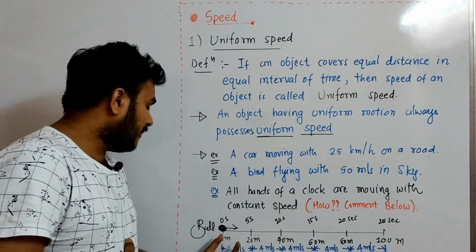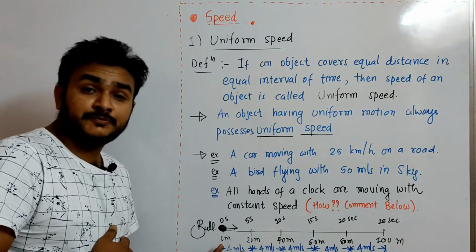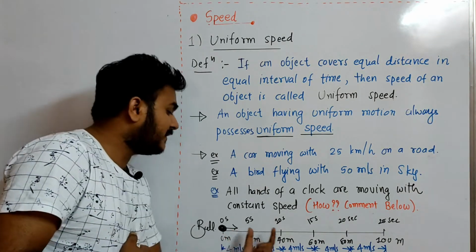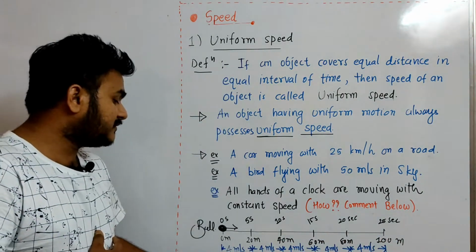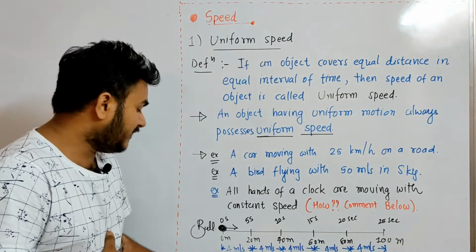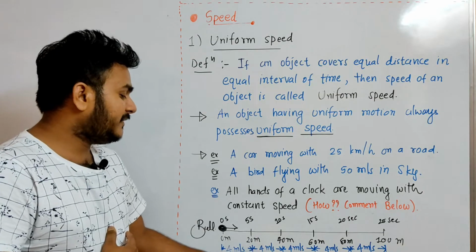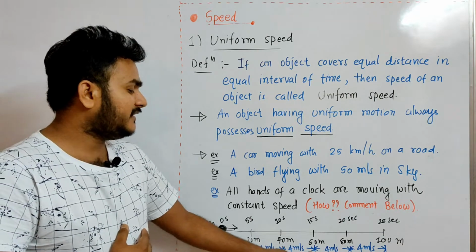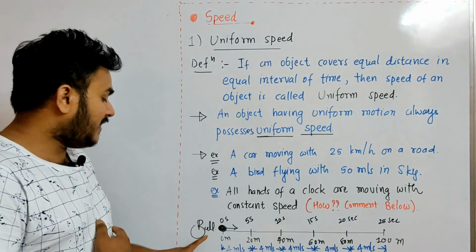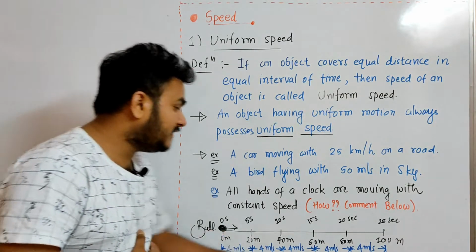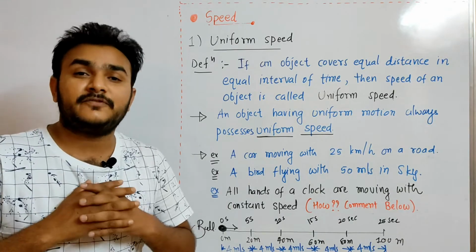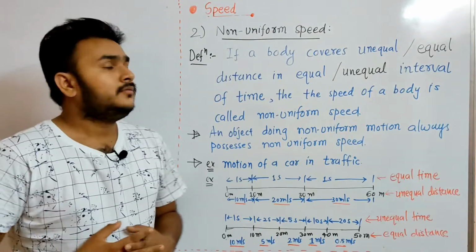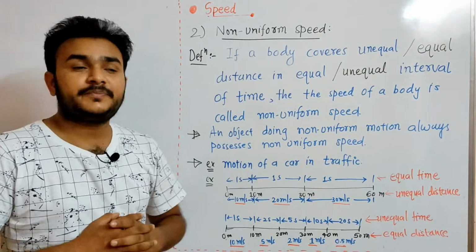So if you calculate the speed for each length, this 20 meter, this 20 meter, this 20 meter, this 20 meter, this 20 meter, it comes out to be 4 meter per second. So 4 meter per second here, 4 meter per second here, 4 meter per second here, and so on. That's why the motion of the ball on this path is said to be uniform motion, and it has uniform speed.